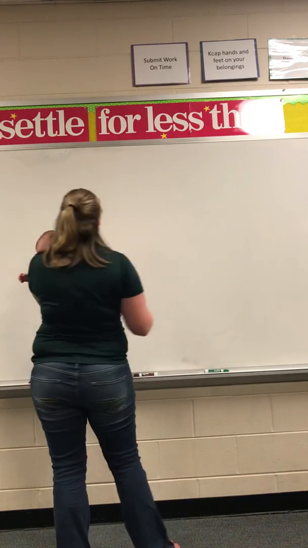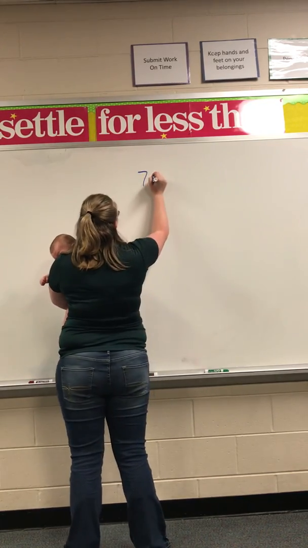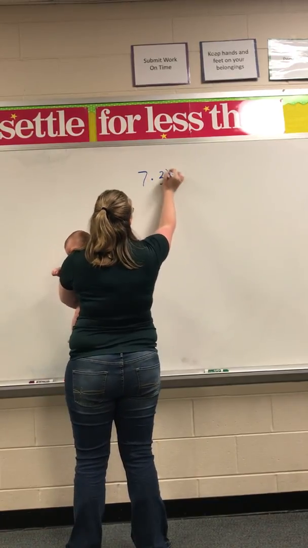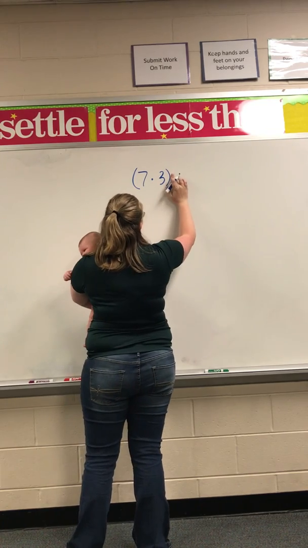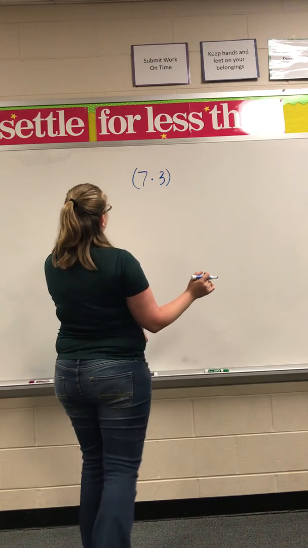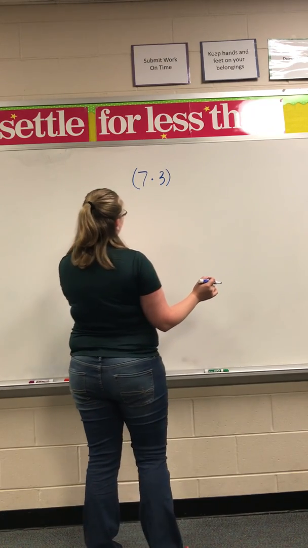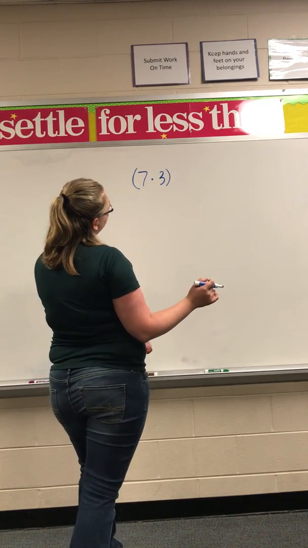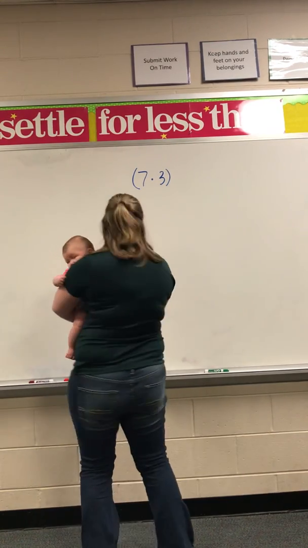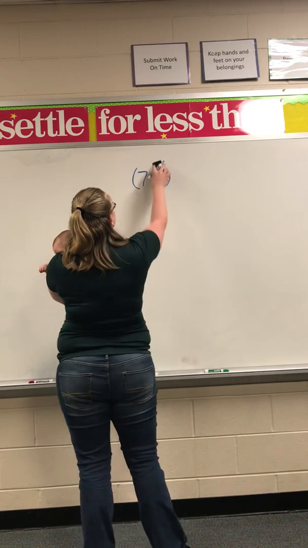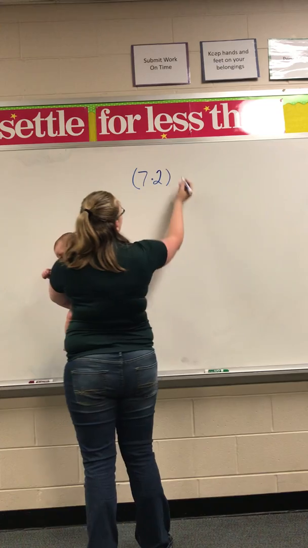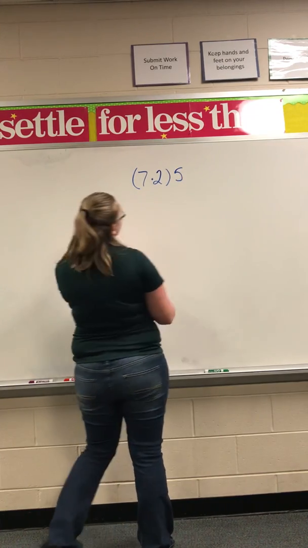So, for example, we're going to do 7 times 2 times that quantity times 5.